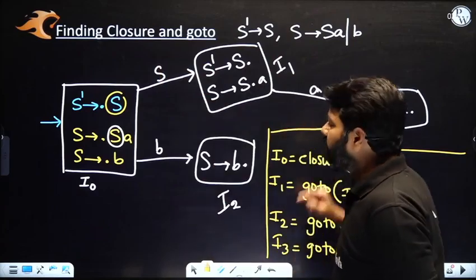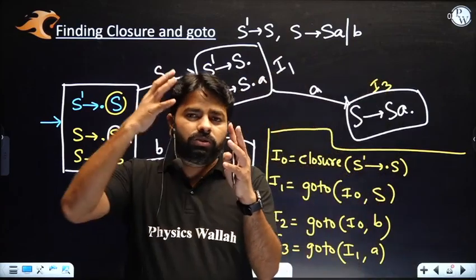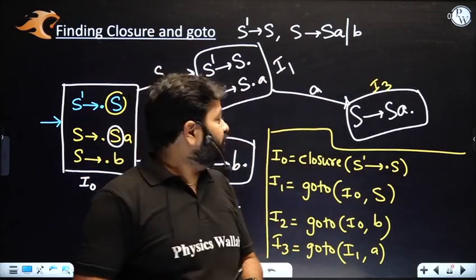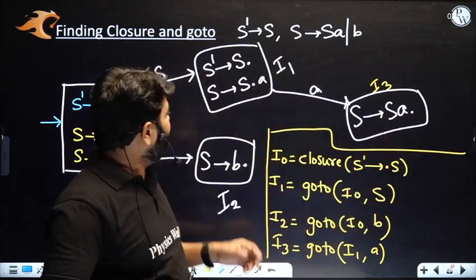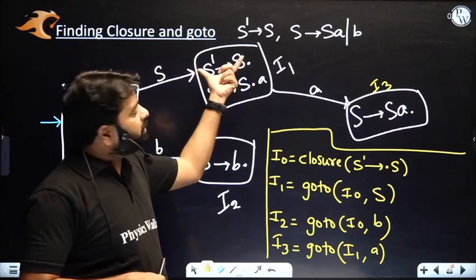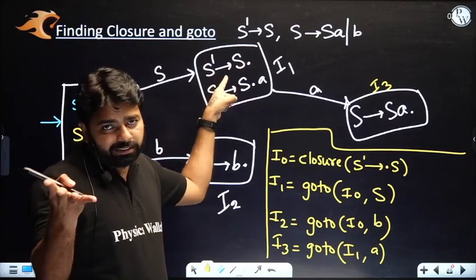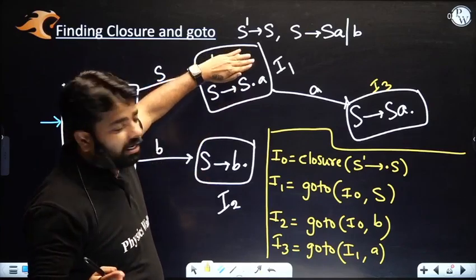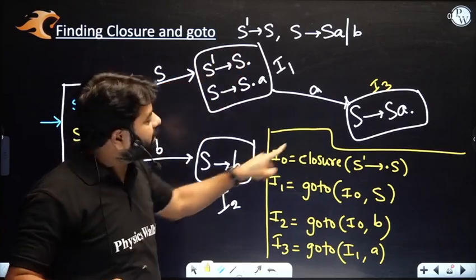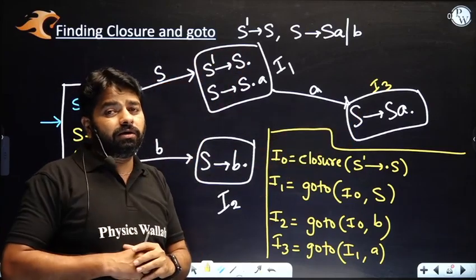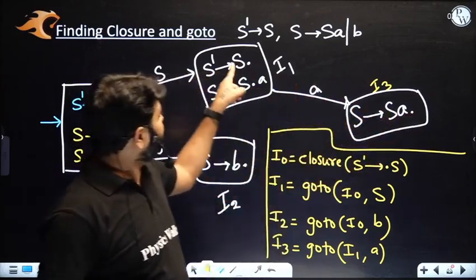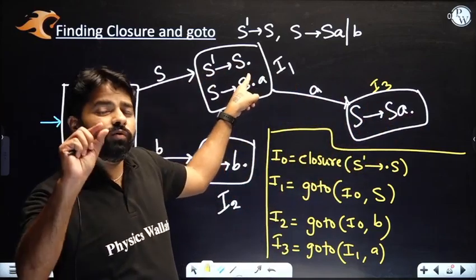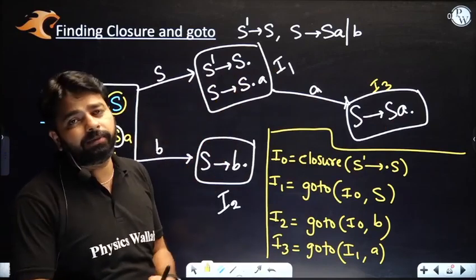And B and A, they are terminals, so they will help us to do shift entries. If you see anywhere a reduce item within the state, that will help us to make reduce entries. This is a special item which is used for acceptance. Except this, if you see any production with the dot at the end, then that is called a reduce item, so it will give you reduce entries. But this is a special reduce item, so we get the accept entry in the table.